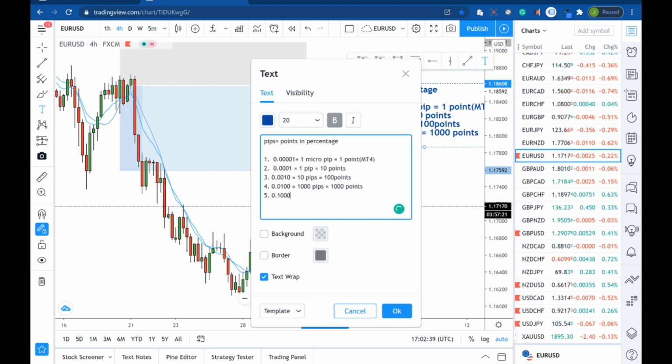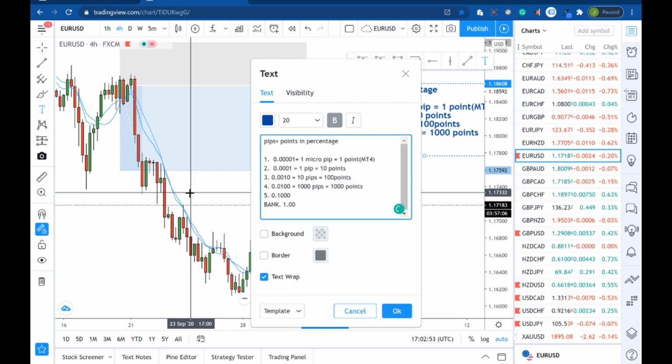If you go to the bank, they might only have 2 digits after that, so they only have 0.00. They're going to round it off to the next 2 digits. Here, like TradingView and MT4, they cover the 5 digits, but they're not really important as to major moves. So here, let me just go back to number 5.